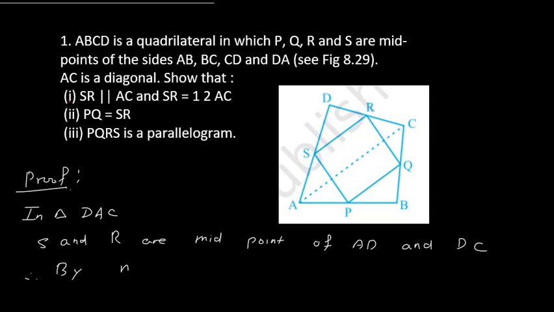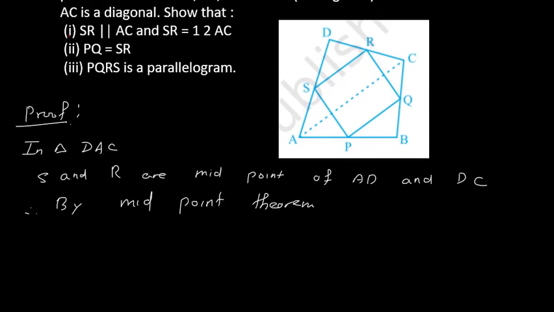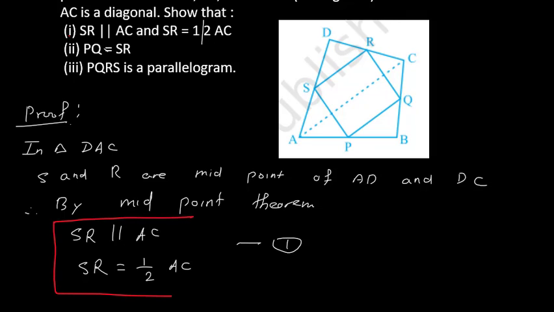Therefore, by midpoint theorem, I can say that SR is parallel to AC and SR is half of AC. Let us take this as equation 1. We have proved one part, so let us put it in a box.